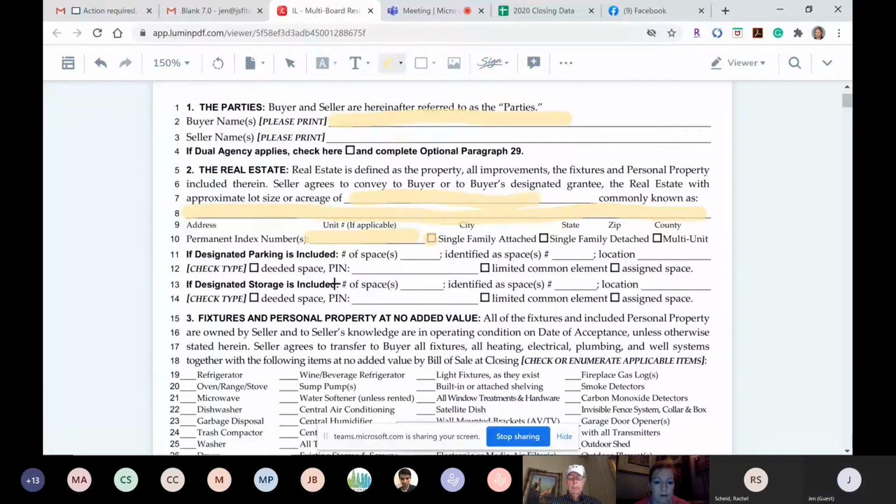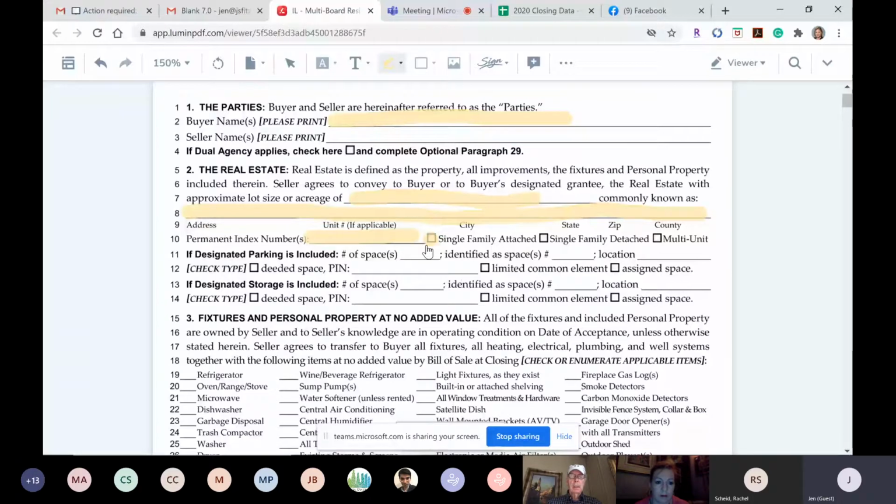And the next thing is designated parking is included. This could be important for buyers of a condo. Let's say you went to an open house and your buyers love this place, and the listing agent said to you, oh yeah, there's a parking spot downstairs, or they show you a parking spot, and you don't know exactly what the number is or the location, whether it's deeded or assigned.